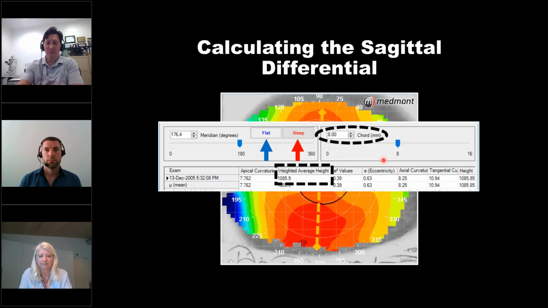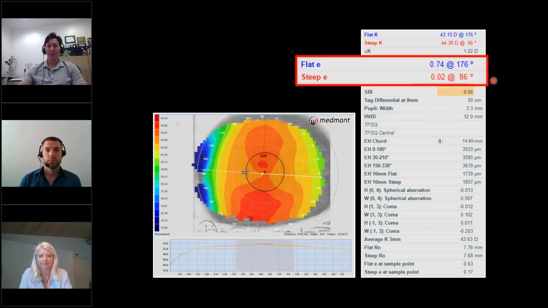So I find it hard to believe because there's numerous studies that show the lenses built from Medmont topographies are highly accurate with high first fit success. So if there was an overestimation, I wonder if it's related to using this value here, because the Orthok studies that have been coming out seem to suggest that Medmont is highly accurate.